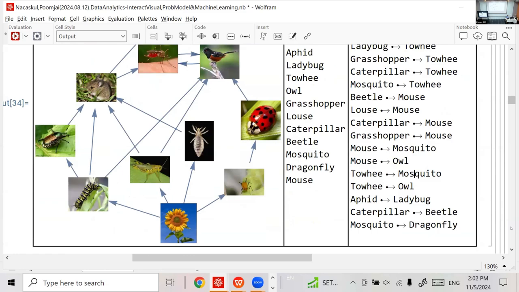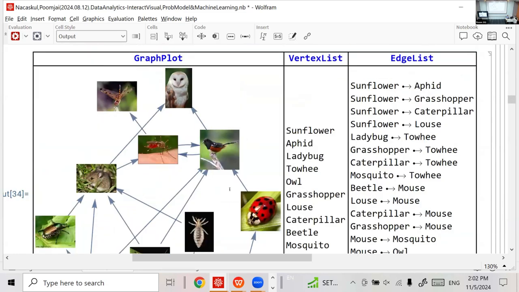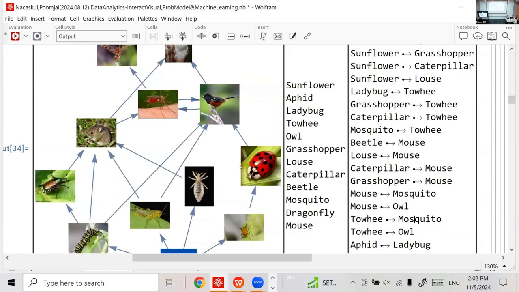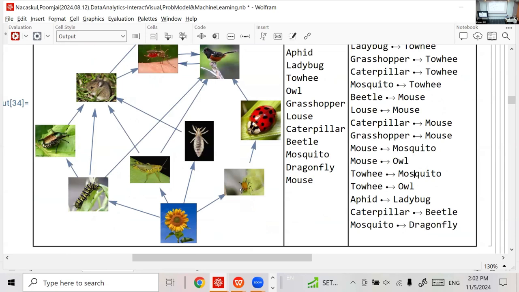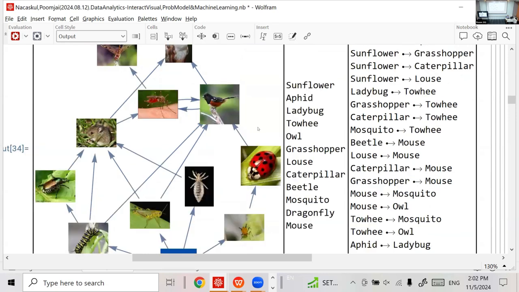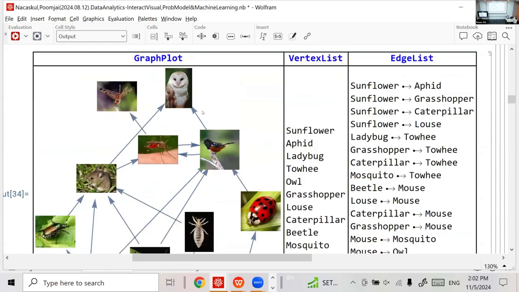Now, think about it. What matters about a graph? This picture, what does it matter? Can I put this thing? Okay. Now this thing is eaten by this thing. Watch. Look at my hand. The ladybird is eaten by a Tawi. A Tawi is eaten by an owl, right?